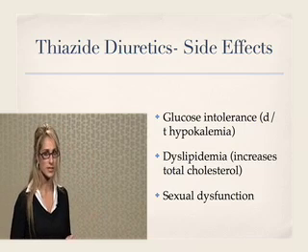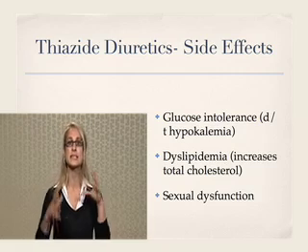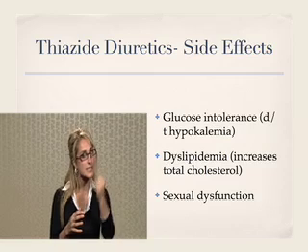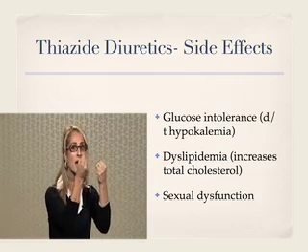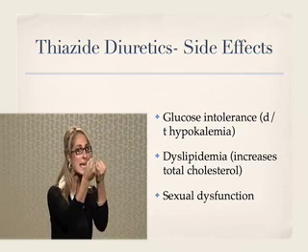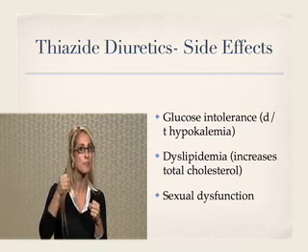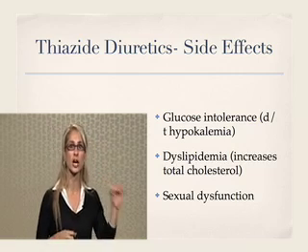Glucose intolerance. What you've got to remember about glucose intolerance is that you have a cell. For a unit of insulin to go into the cell, you need a unit of potassium. If I don't have that potassium around, I can't take that insulin into the cell. So anything that causes hypokalemia can cause glucose intolerance.